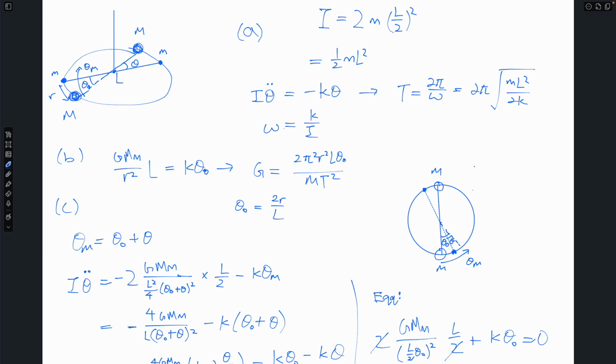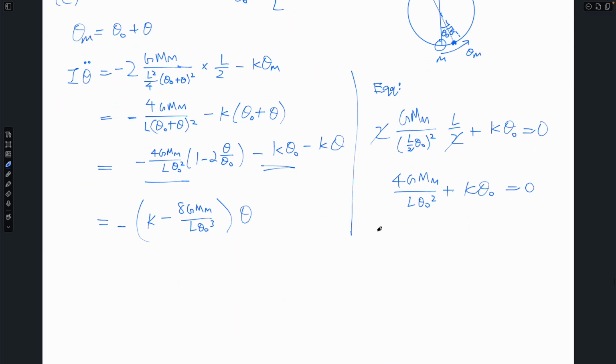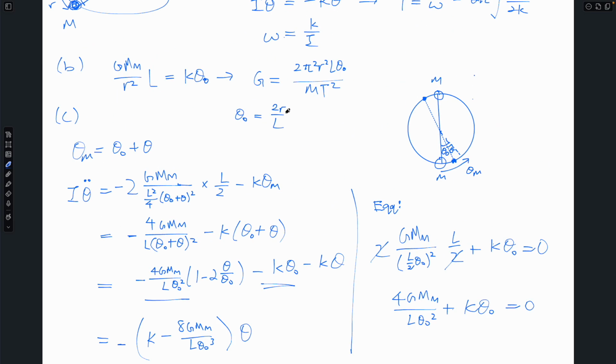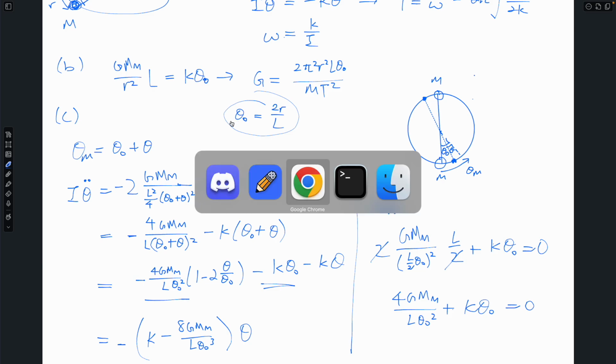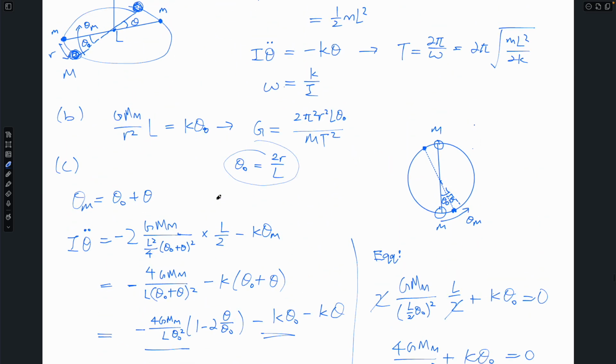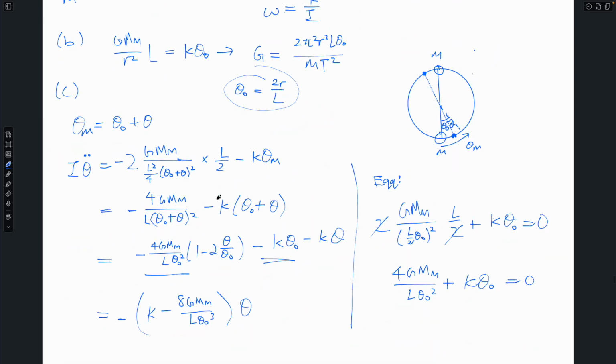So you need to convert between them by using the fact that theta naught is 2R over L. Yeah, you're supposed to use part B.